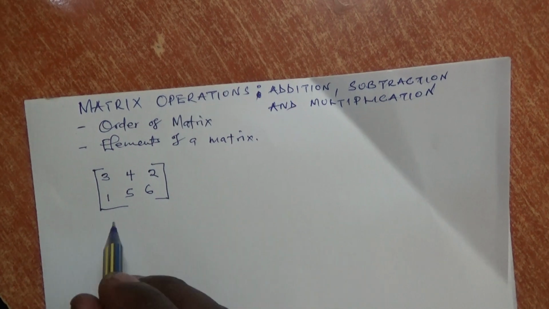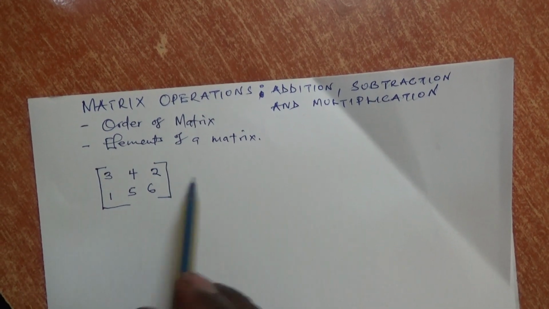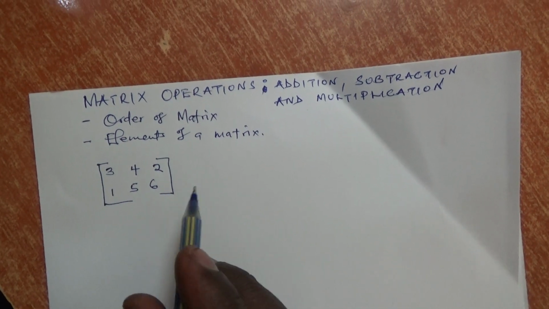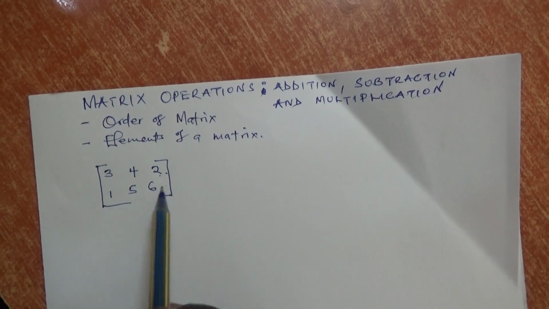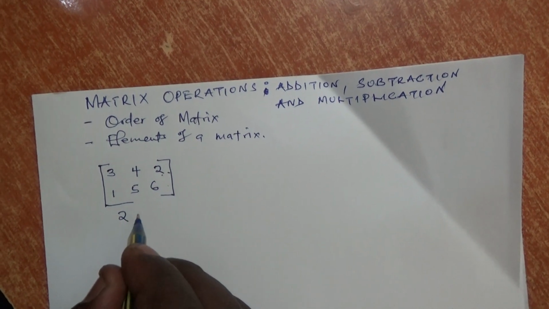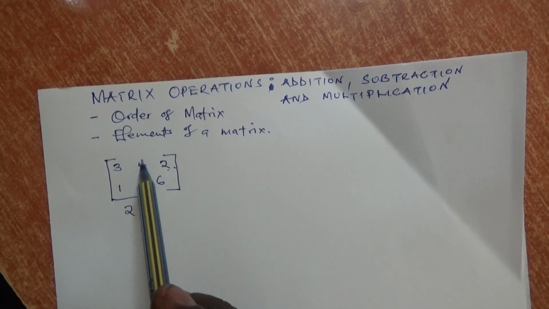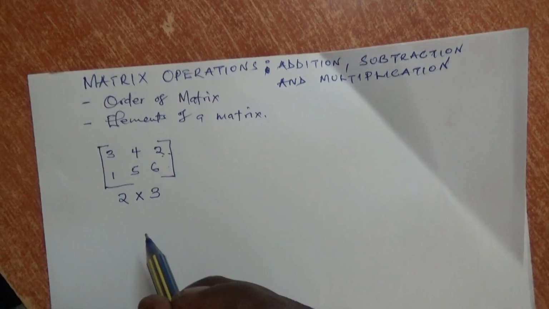So you define it by counting the number of rows, and then the columns. So if you look at this matrix, the number of rows are 1, 2. So it has got 2 rows, and you multiply by the number of columns 1, 2, 3. So it is a 2 by 3 matrix.